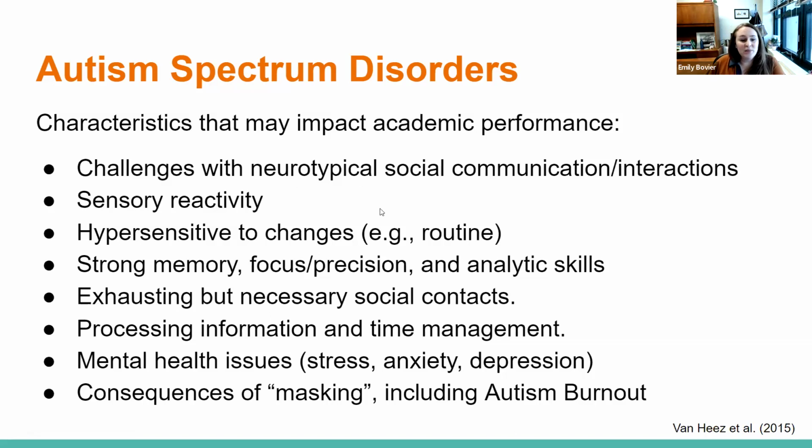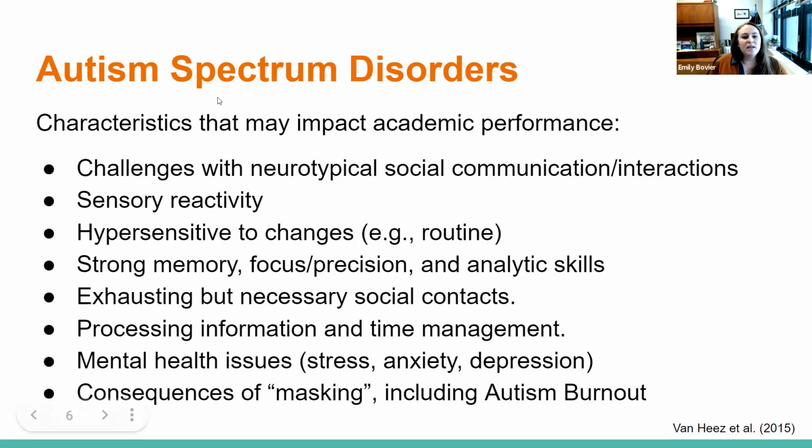Okay, so those are some things that we want to consider. Masking can have a significant effect on a person's mental health, because the more energy spent masking the behavior can ultimately lead to what's called autism burnout. This can range from needing time to introvert and recharge their battery, to more extreme examples that might mirror something like depression, where the person is no longer able to care for themselves because they have essentially drained their batteries.